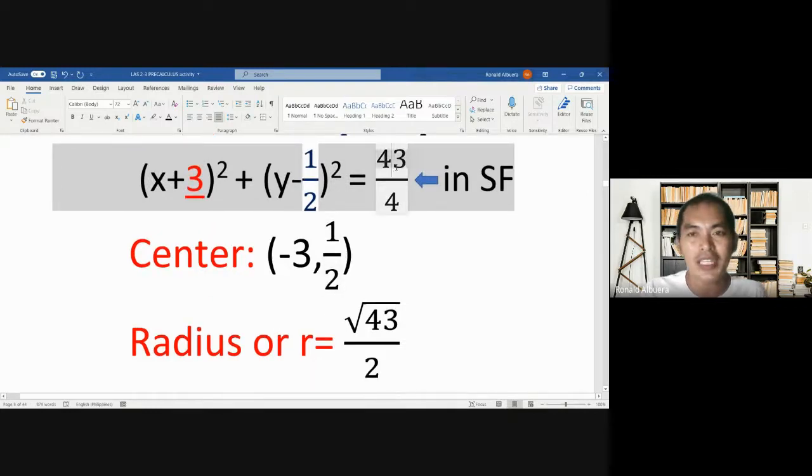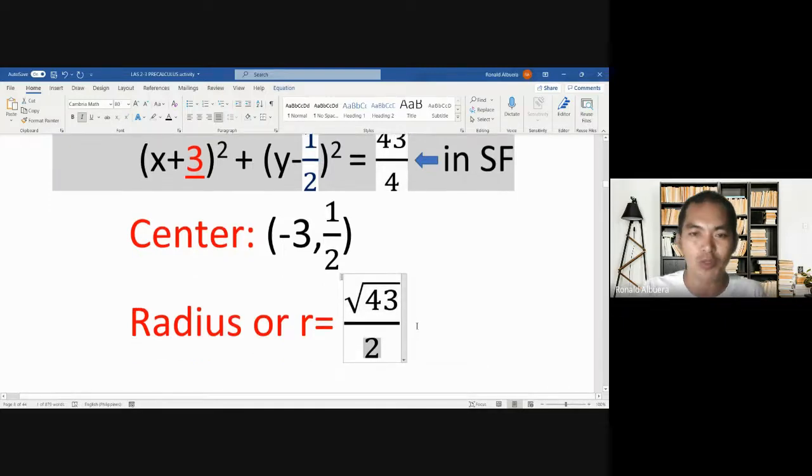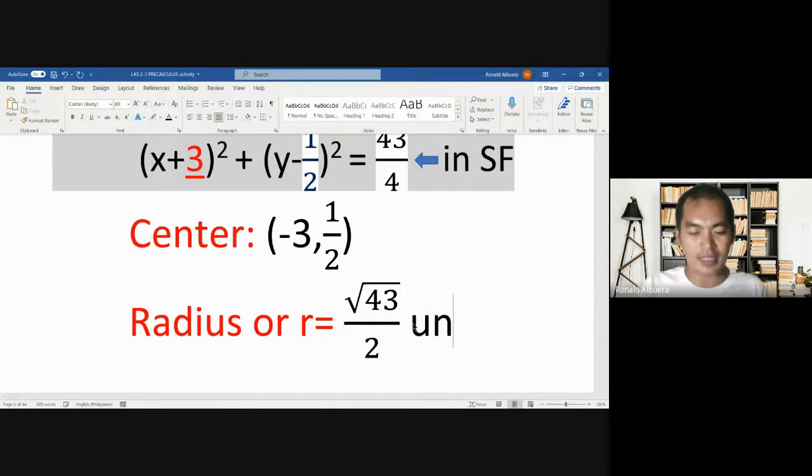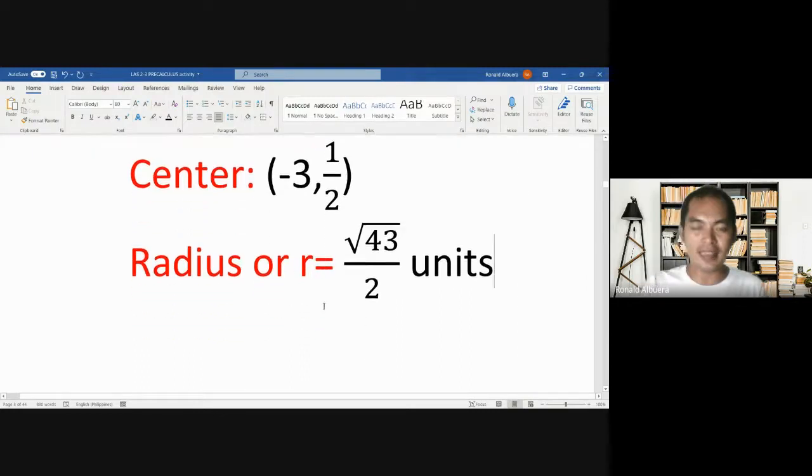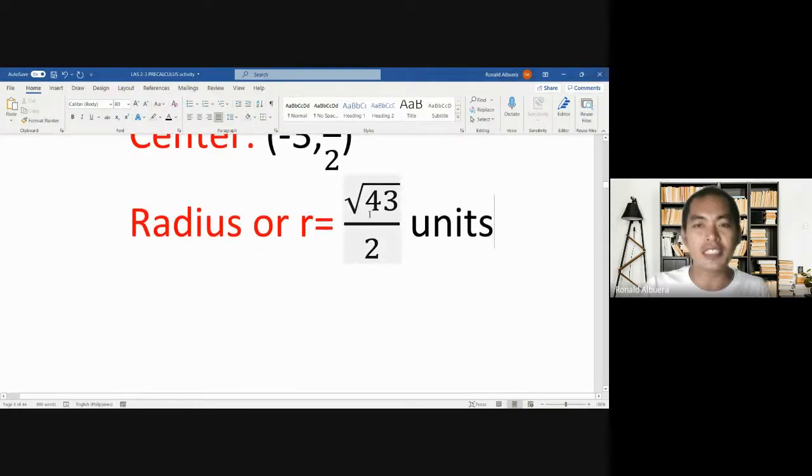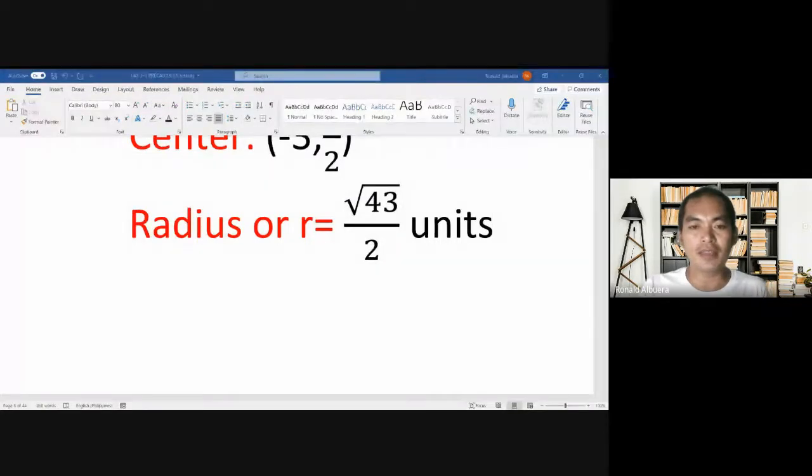We have the square root of 43, still square root of 43. Square root of 4 is positive 2. So you write the word unit. Since there is no unit of measurement and radius has a length, therefore, square root of 43 over 2 units. Okay. So that's all.